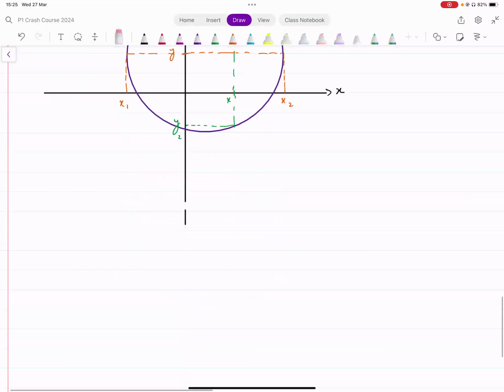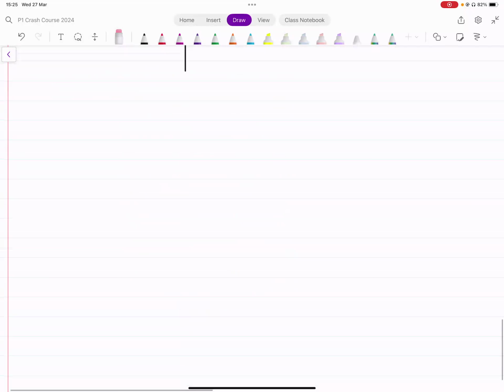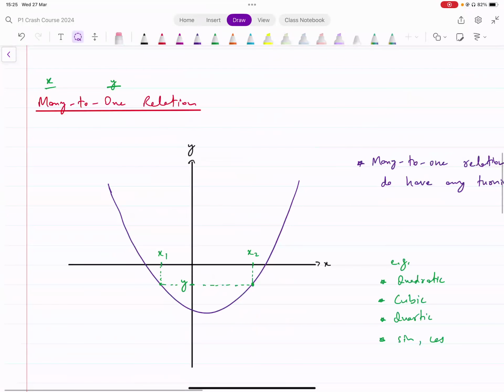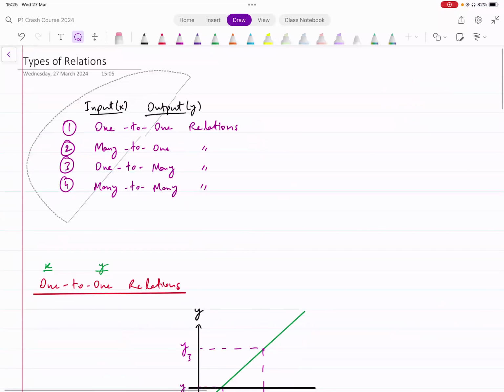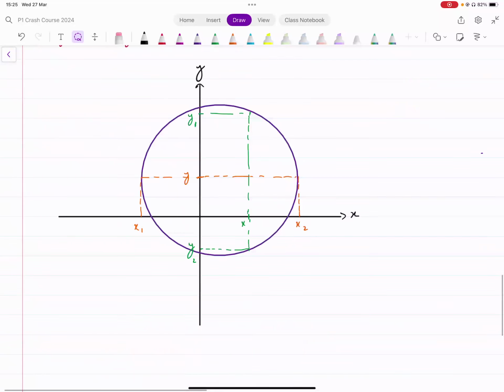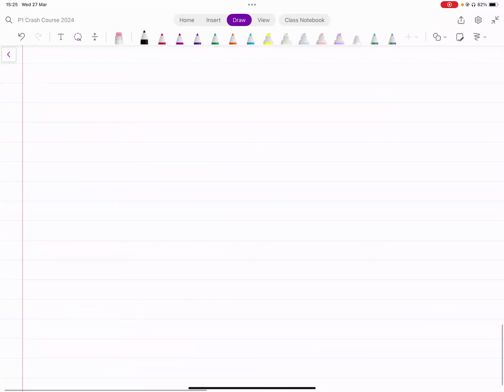Now let's summarize that. So we have four types of relations then. Let me write them down here again. Let's begin. So number one, we have one-to-one relations.